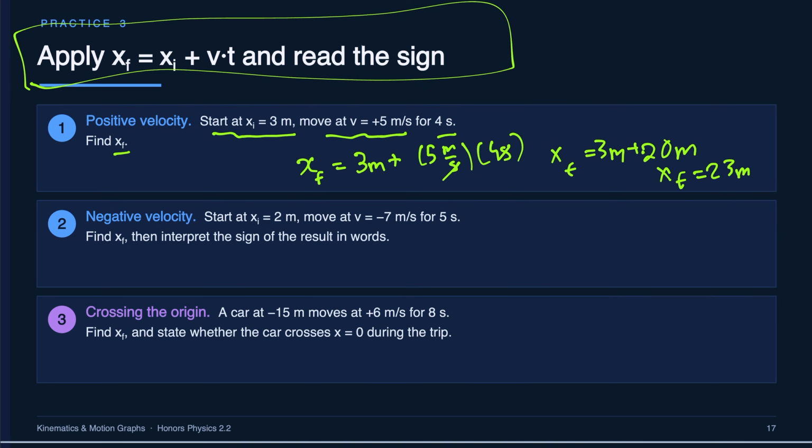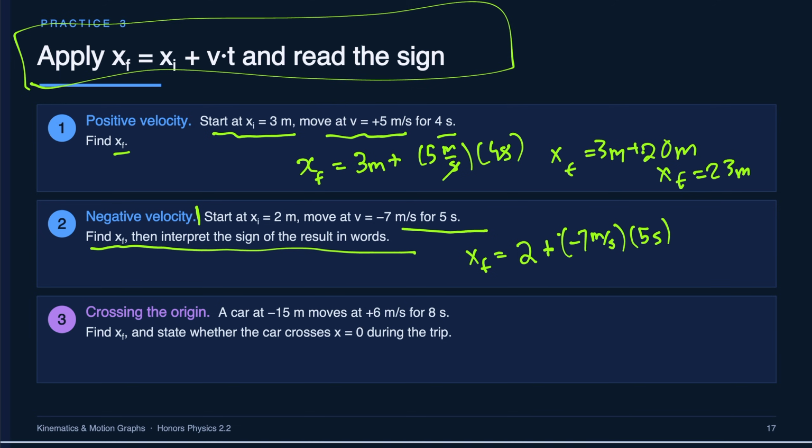In this case, we have negative velocity. We start at xi equals 2, move at v equals negative 7 meters per second for 5 seconds. Find xf, then interpret the sign of the result in words. Okay, so xf is equal to x initial, or 2. We start at 2 meters, and then we move at negative 7 meters per second for 5 seconds.